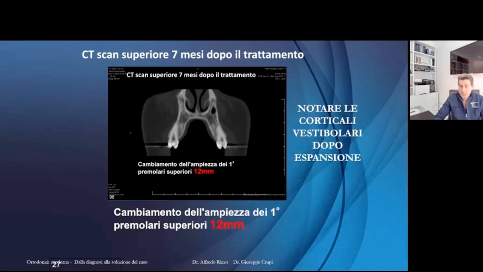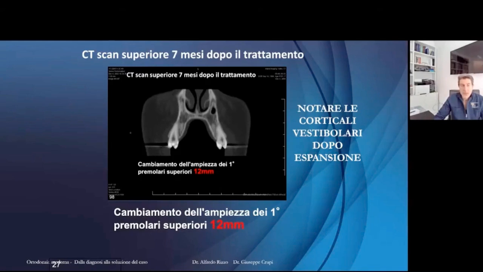Here we can see the results of the expansion at the area of the first premolars, where we have an expansion of up to 12 millimeters. We have a very important CT scan section where we can clearly see that the roots of these teeth have a perfect coverage of the cortical bone on the facial surface.